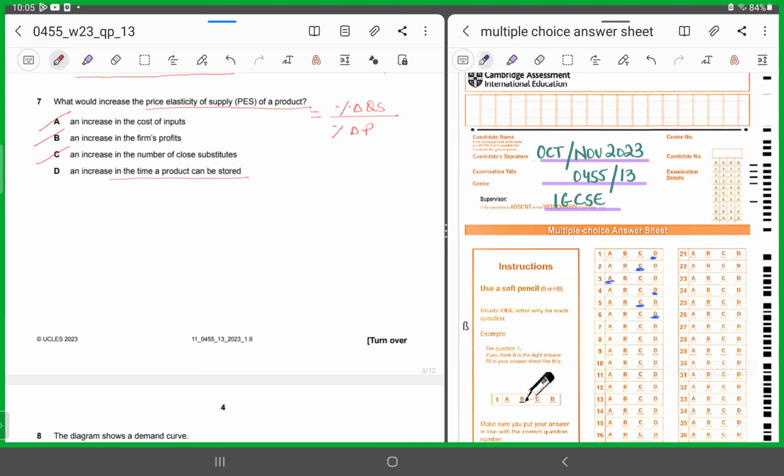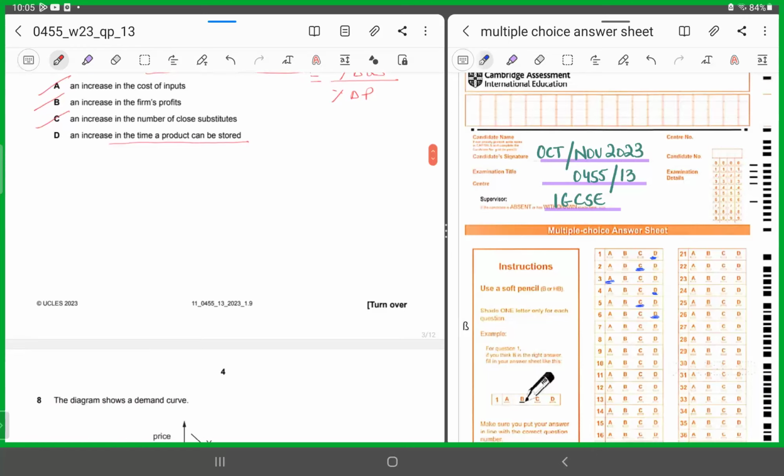If there would have been a little increase in the price of your product, and you can store your product for a longer duration, you can quickly respond to changes in price. So it allows you to have greater flexibility of supply for your products. Hence, your PES, your price elasticity of supply, can increase, right? So 7 has to be D.